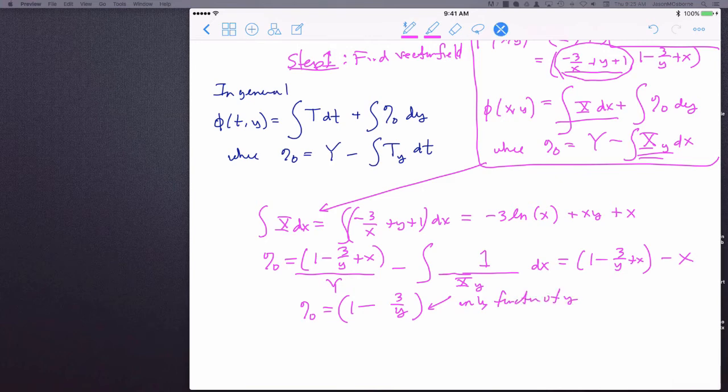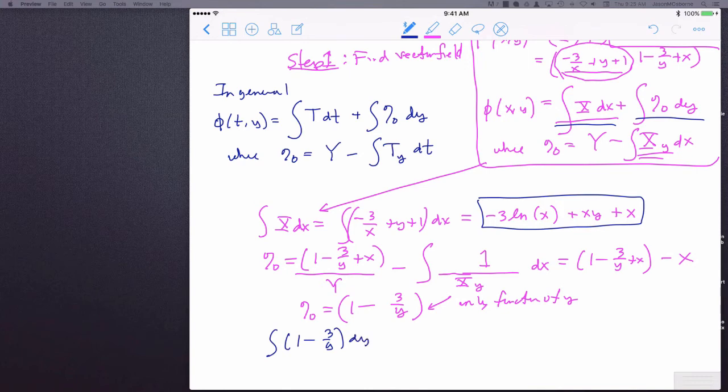Okay. So we have found psi, so to complete our potential function, here was the first part of our potential function. I need to add to it the integral of psi, which is 1 minus 3 over y dy. Integrate with respect to y, that would be y minus 3 logarithm of y. Okay.